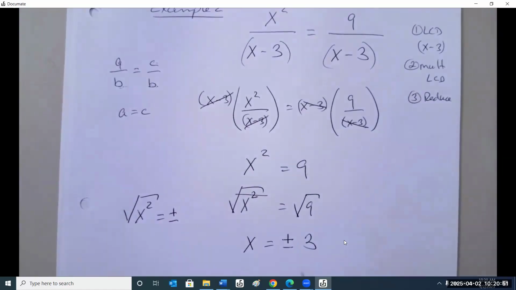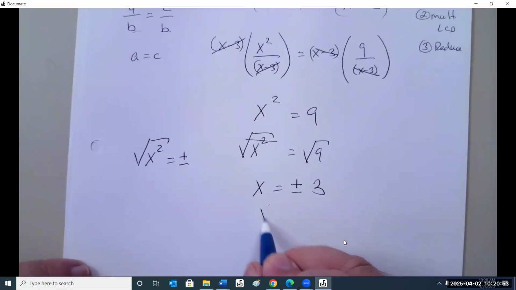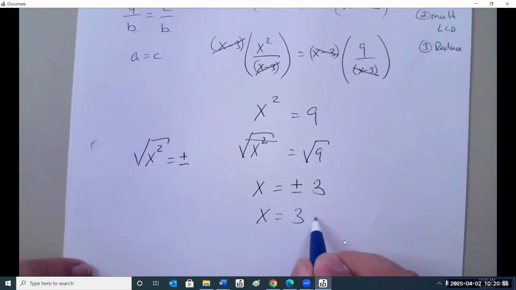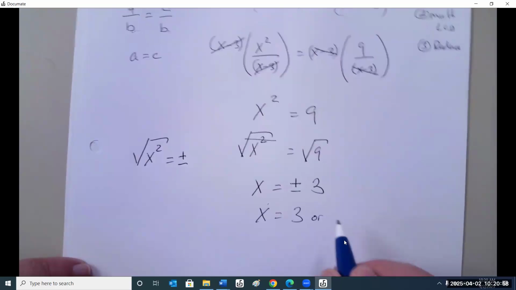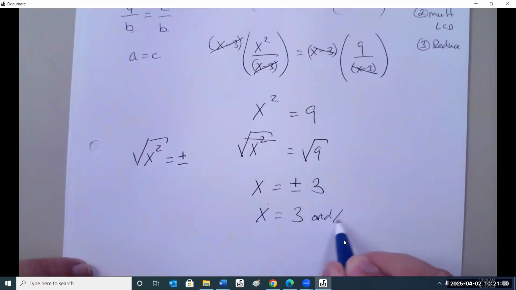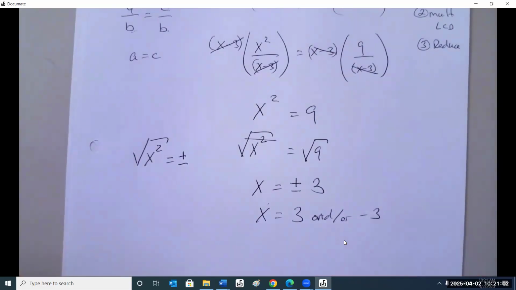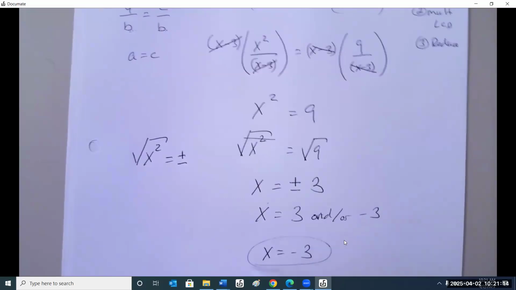Okay, now, what does this tell us? It tells us that our answers can be 3 or negative 3. So what's the final answer? The final answer is x equals negative 3.